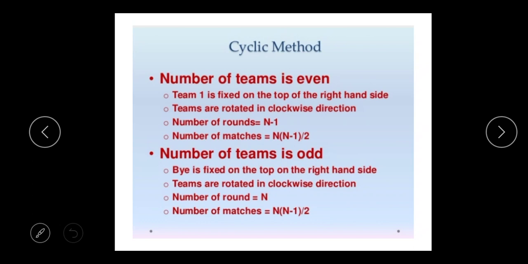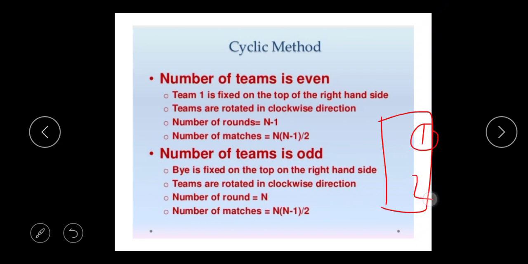When the number of teams is even, a few points should be kept in mind. When the team number is even, suppose we draw a box. On the right hand side, one number is fixed.